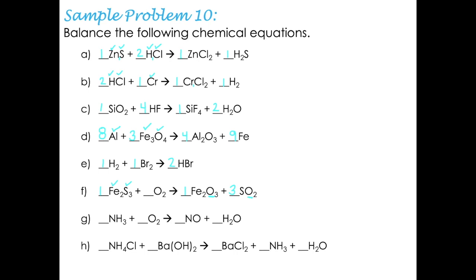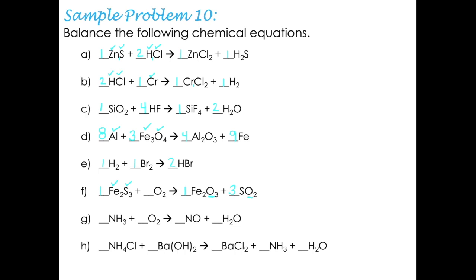So you have to consider that you have oxygen in both of your products. I have 3 oxygens in this first product, and I have 6 oxygens in this second product. So when you find the total number here, because there's oxygen in both products, you have to consider that and balance them accordingly. So I have 3 plus 6 gives me 9.